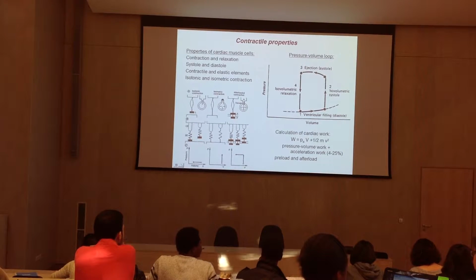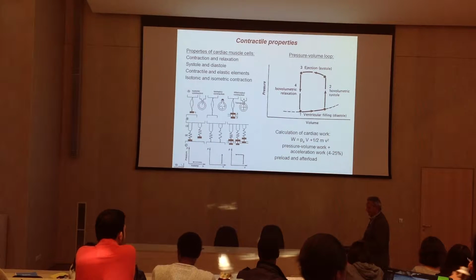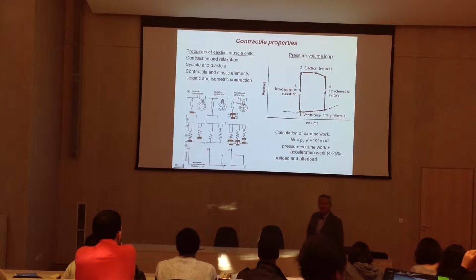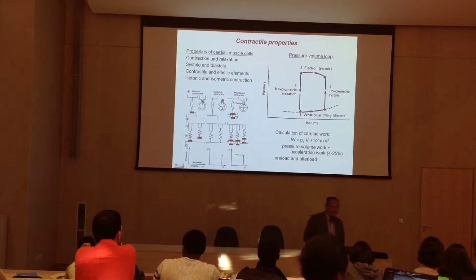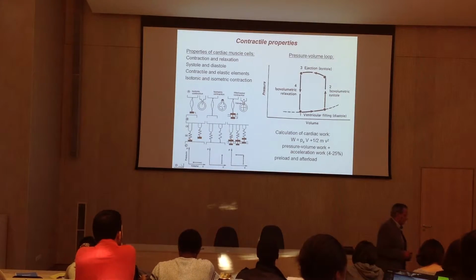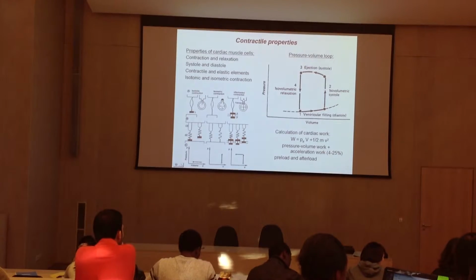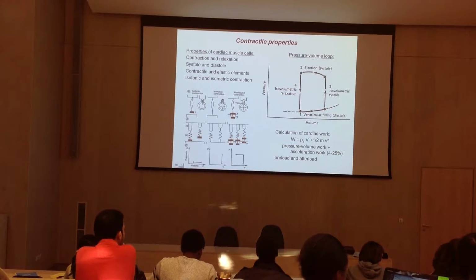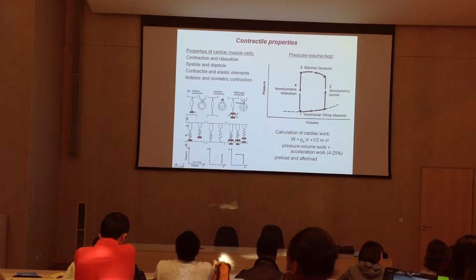So we will speak directly about what kind of properties the atrial and ventricular muscle fibers in the heart have. These properties are very similar to the properties of other muscle tissues, but there are very serious differences.